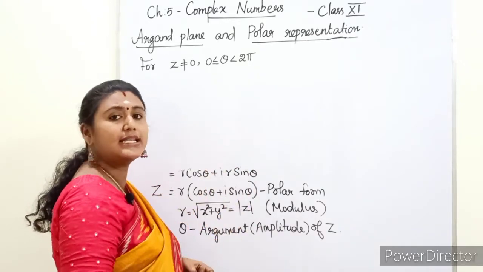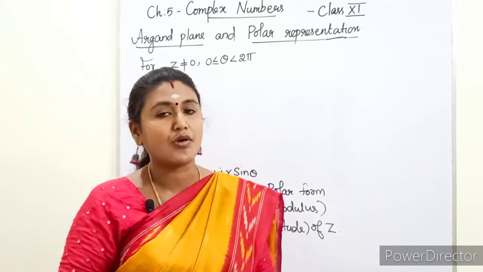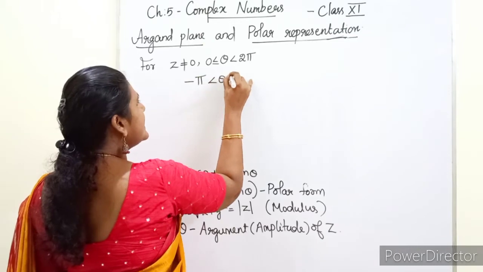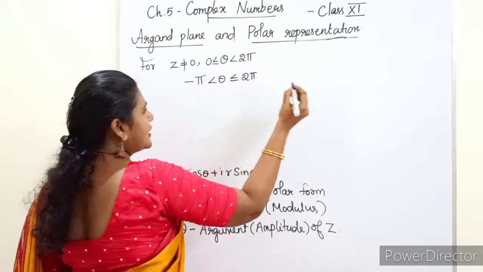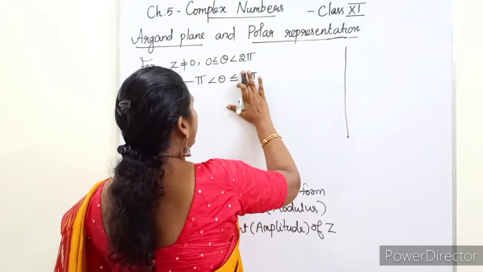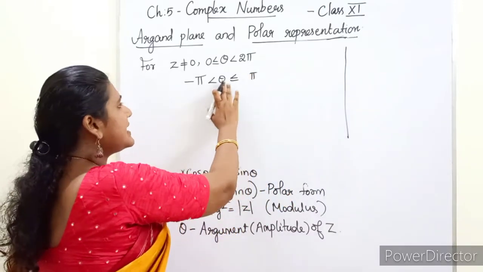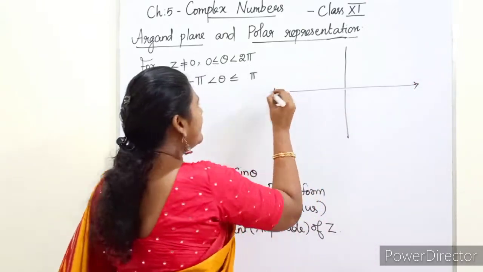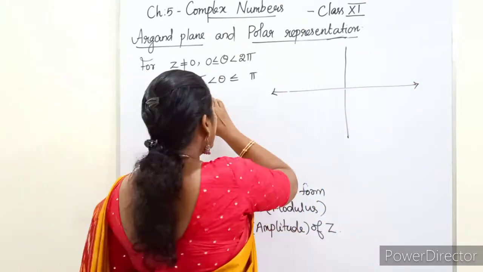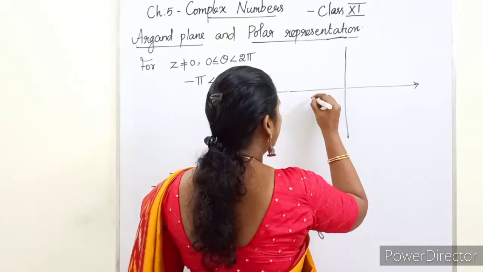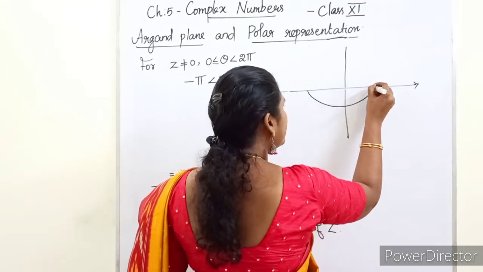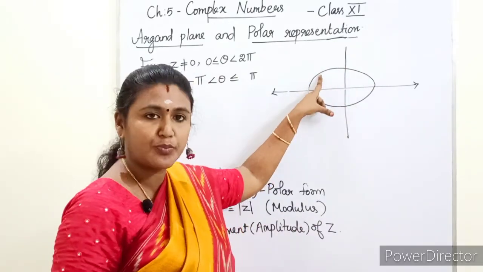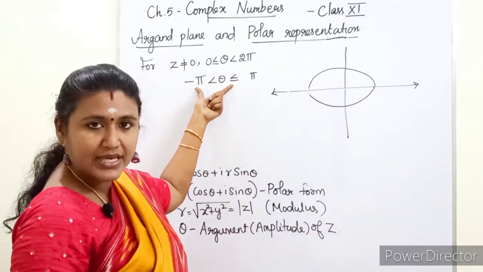So any other interval of length 2 pi we can also consider, that is minus pi less than theta less than or equal to pi. This is also an interval of length 2 pi. Why? Because from minus pi to 0, then from 0 to pi, you are getting the full interval of length 2 pi. So this interval also we can consider.